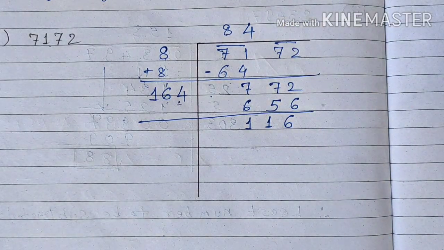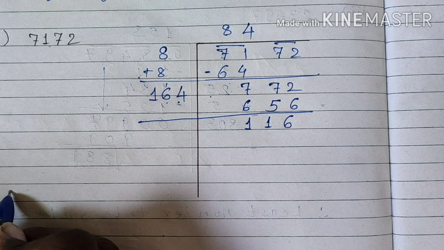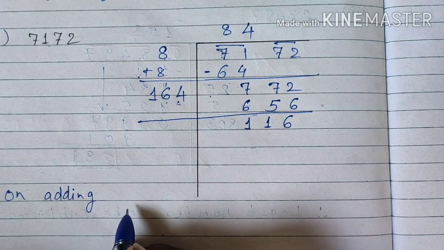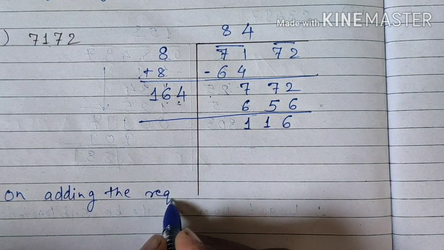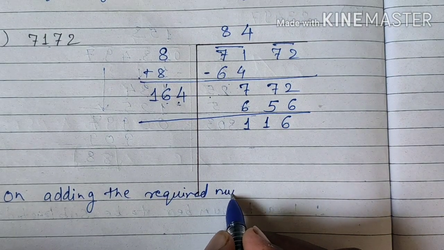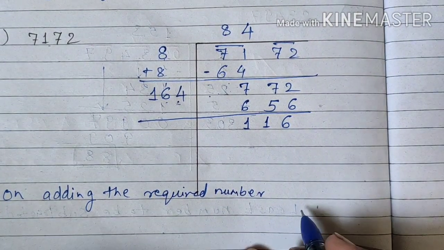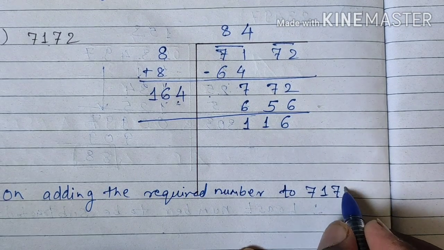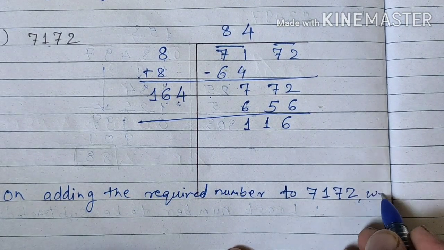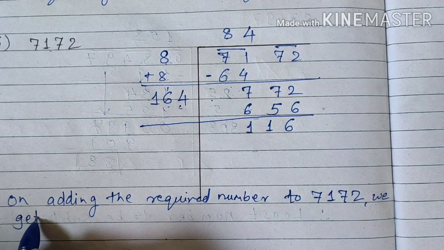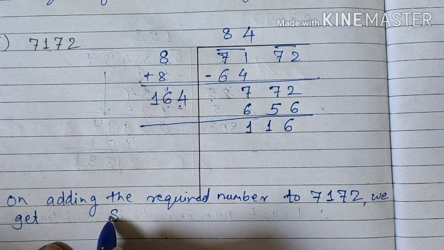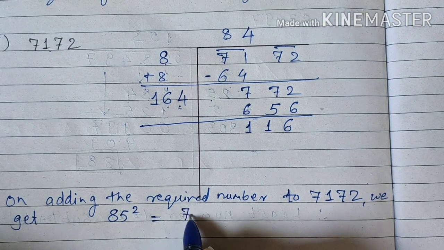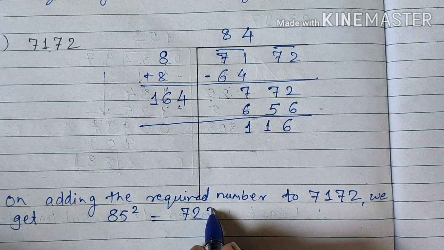So therefore, on adding the required number to 7172, we get 85 square, and the square of 85 is 7225.